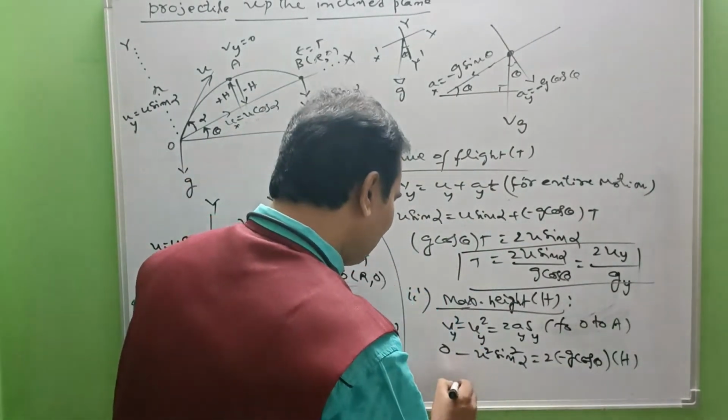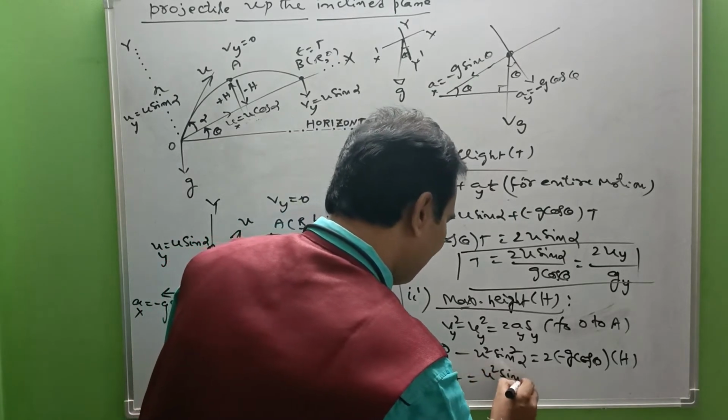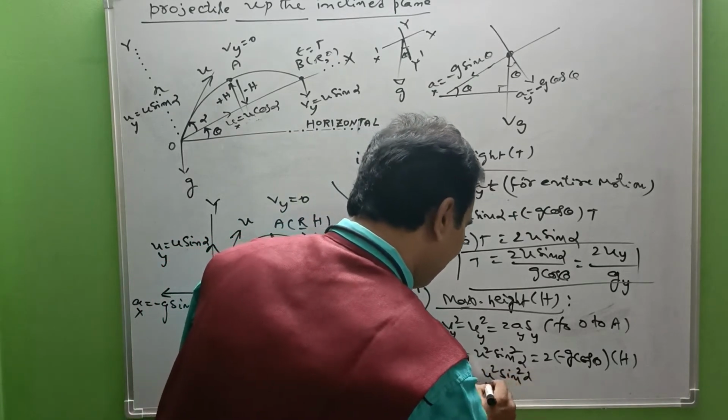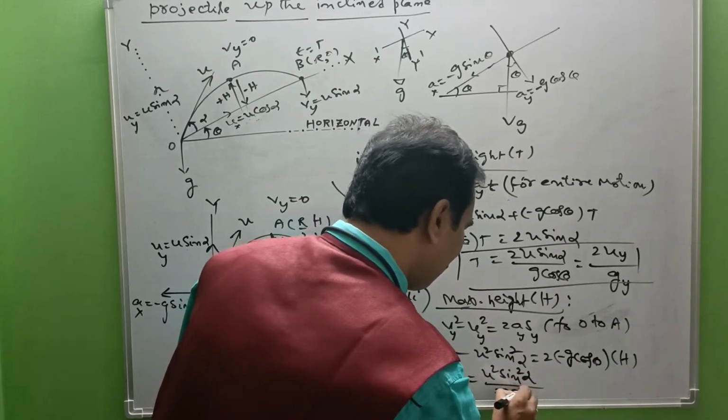We are left with h equal to u square sin square alpha divided by 2g cos theta.